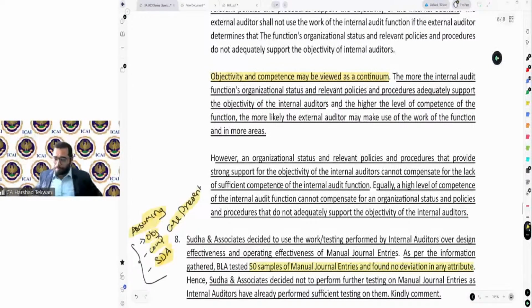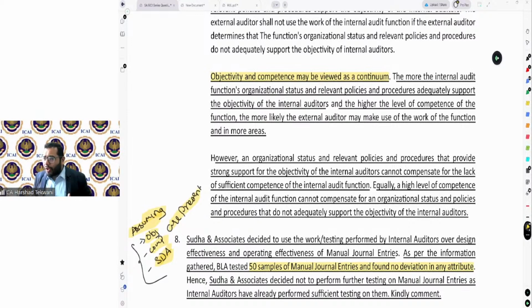I'll tell you. See, there are two things. Number one, there are certain areas where you cannot rely on the work performed by the internal auditor, because those areas are of such a nature that they require your own testing. Those are areas where more judgment is involved, either in planning and performing the audit procedure or evaluating the audit evidence.